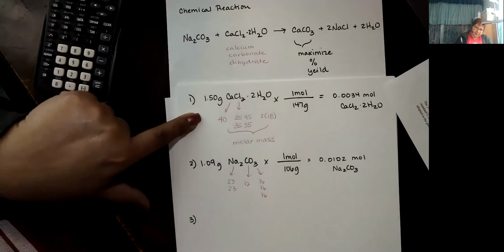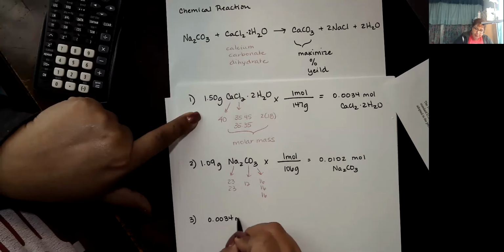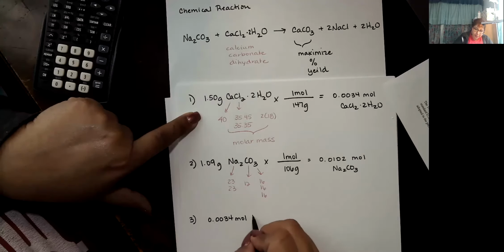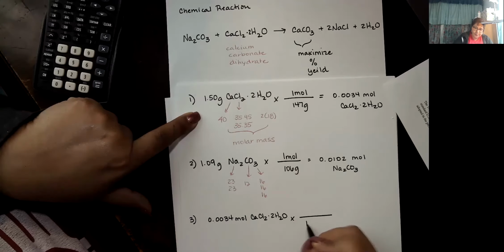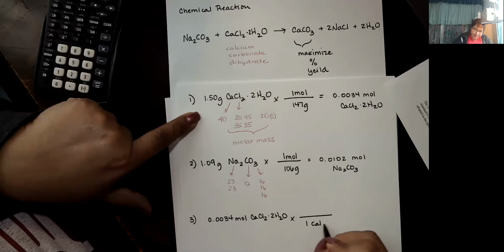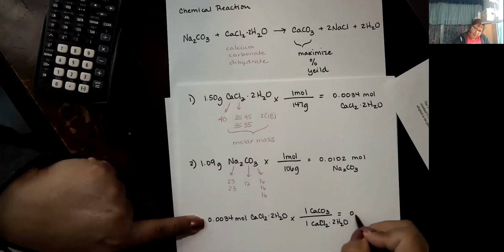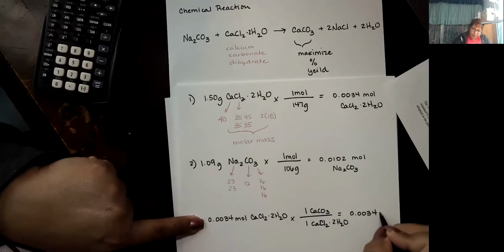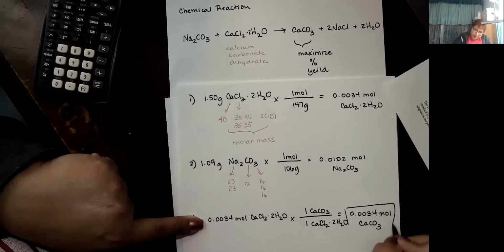So what that means is, if I start with 0.0034 moles of calcium chloride dihydrate times 1 mole to 1 mole, that means I'm going to produce the same amount of calcium carbonate.